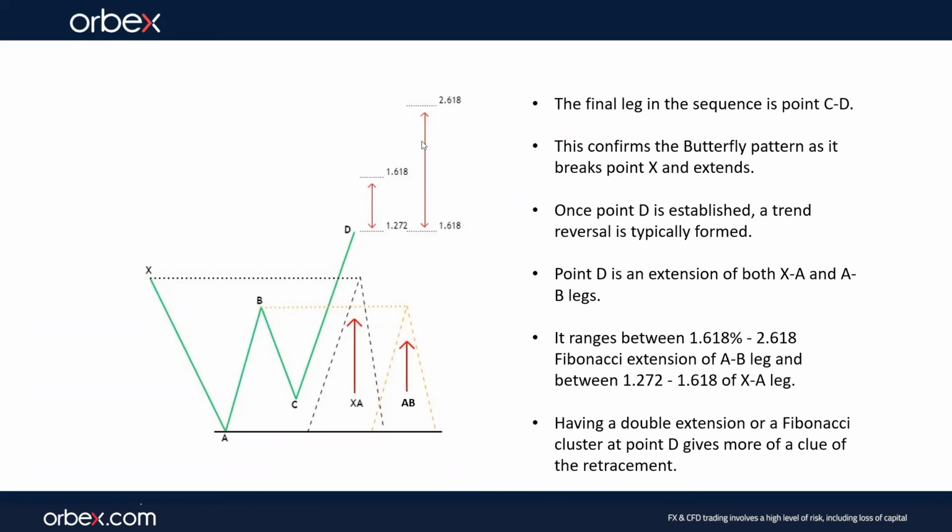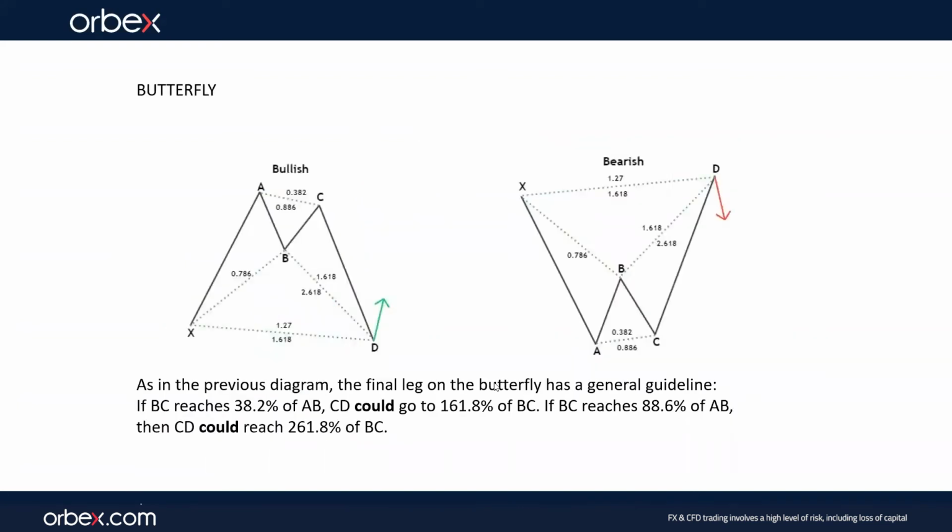So basically it can range anywhere from here. As you can see, the butterfly does break past beyond point X. That is a very important thing to understand, because the Gartley did not. And having a double extension or Fibonacci cluster at point D gives us more of a clue of the retracement as well.